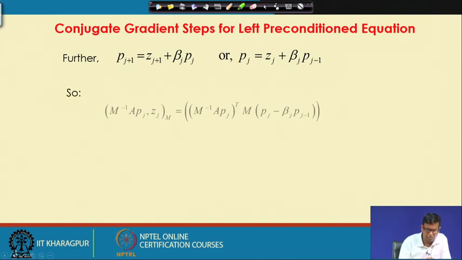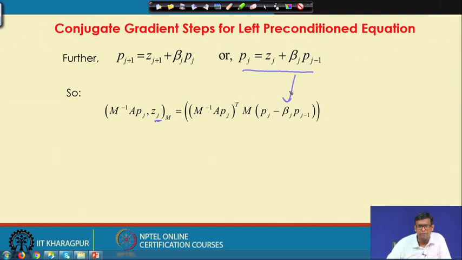So, the given dot product, which is M inverse A p j transpose M into z j, where the term z j will be p j minus beta p j minus 1. This is evident from here.